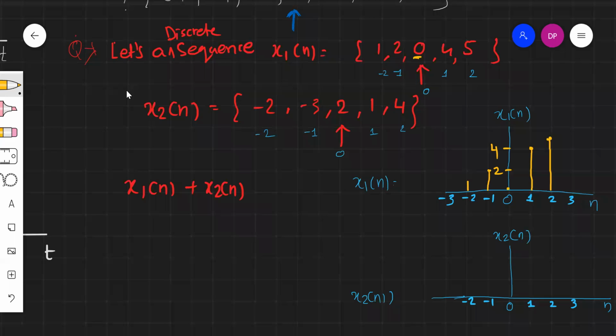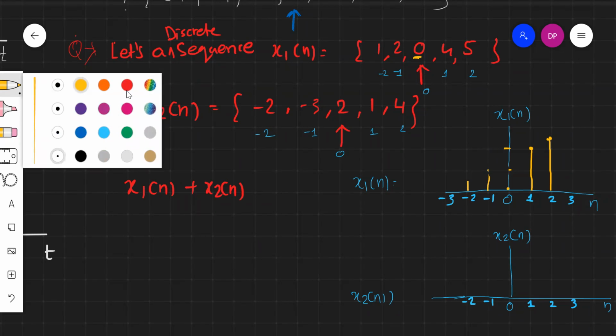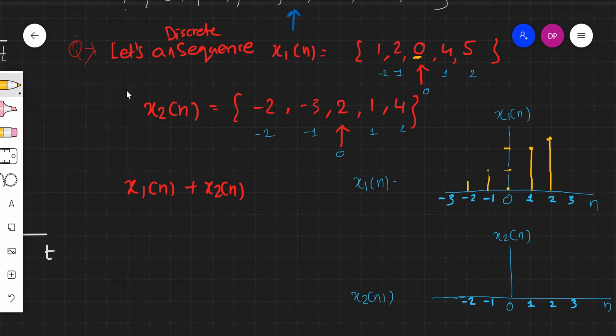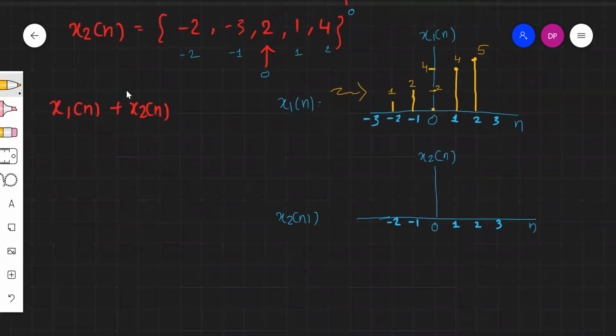So let's suppose this is 4, this is 2, this is 1, this is 2. At the first index it is 4, this is 5. This is the plot of x1 of n, a discrete sequence.